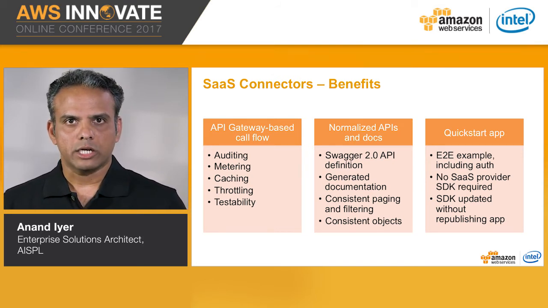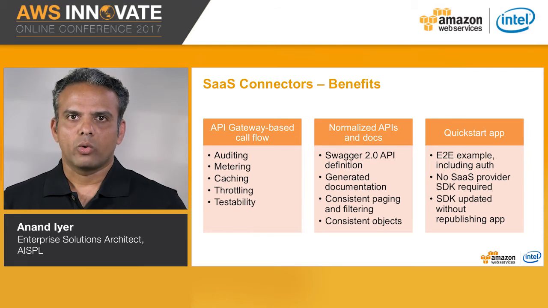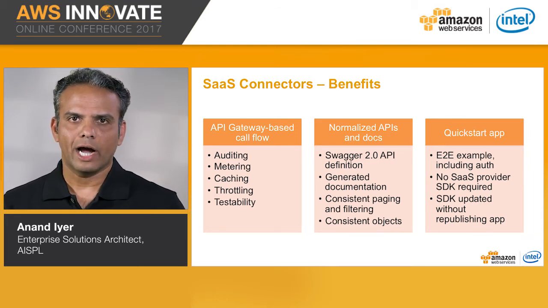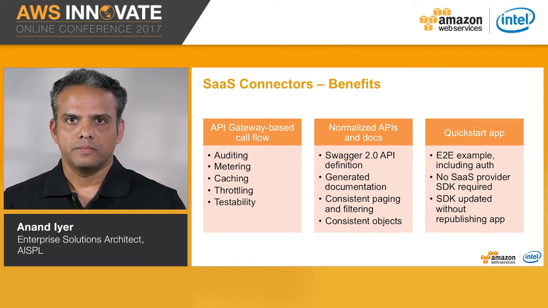Additionally, each connector has an accompanying Quick Start mobile app to guide you through authenticating users within the SaaS provider and begin using the connector. You can download the Quick Start app from the Integrate tab in your AWS Mobile Hub project and use the code as a boilerplate for your app.